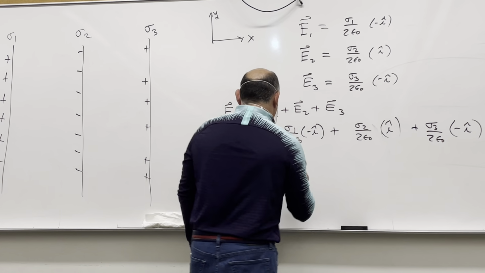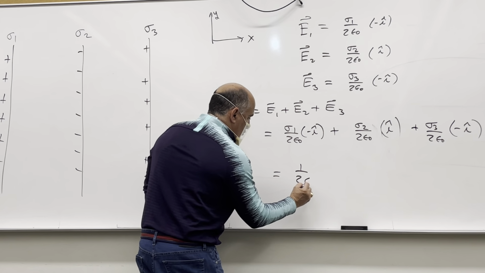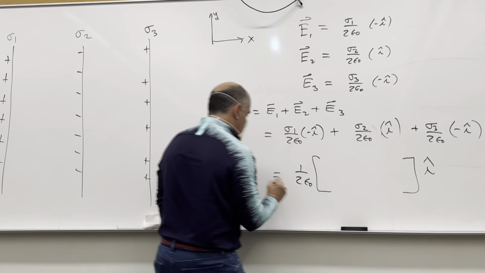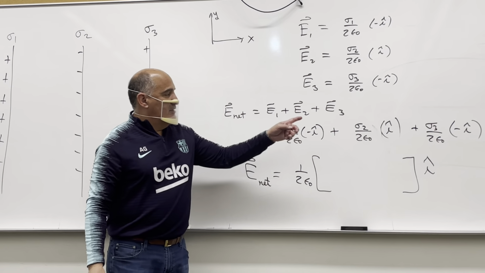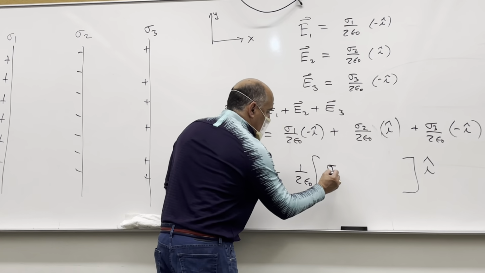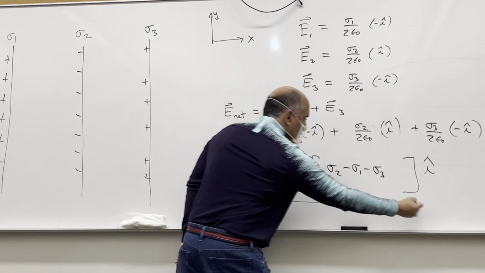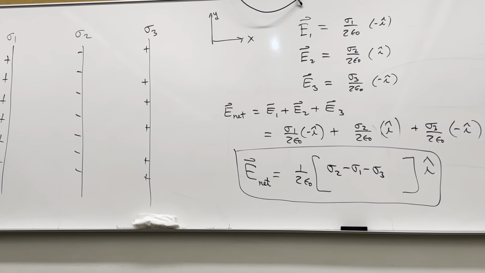And I can factor out I hat. Actually, I can factor out 1 over 2 epsilon naught, the I hat, E net, and I have sigma 2 is positive, right? That's it. And give me numbers and I'll plug it in and I'll give you an answer.